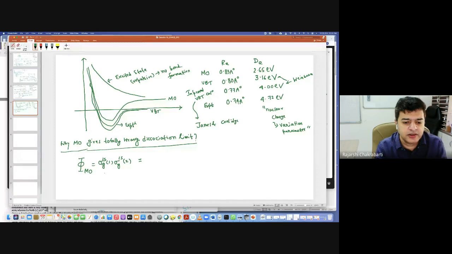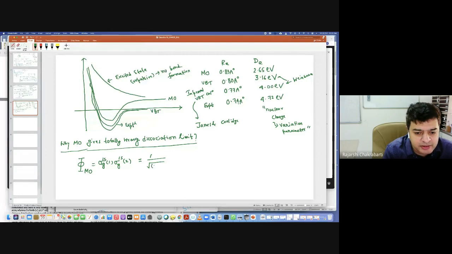So these are the atomic orbitals. If I do this, I'll get the molecular orbital. Remember the prefactor. What is the prefactor? I think that is the one.